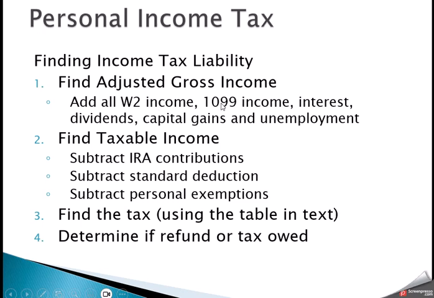If you have 1099 income, and you might think, okay, what is 1099 income? It'll show if you've earned any interest from banks, if you got paid any dividends from investments, if you had stocks and you sold those stocks and had capital gains, or again, you could have capital losses as well if you sold them for less.